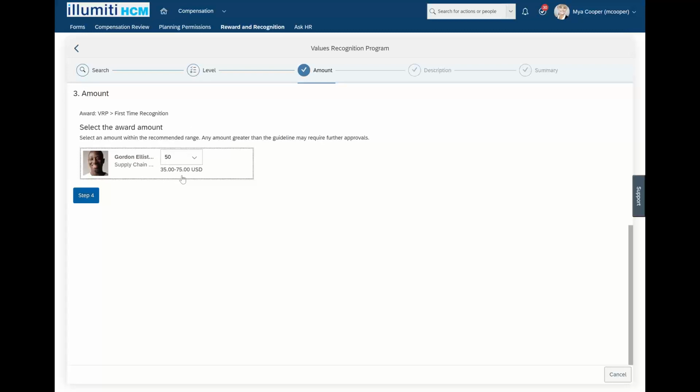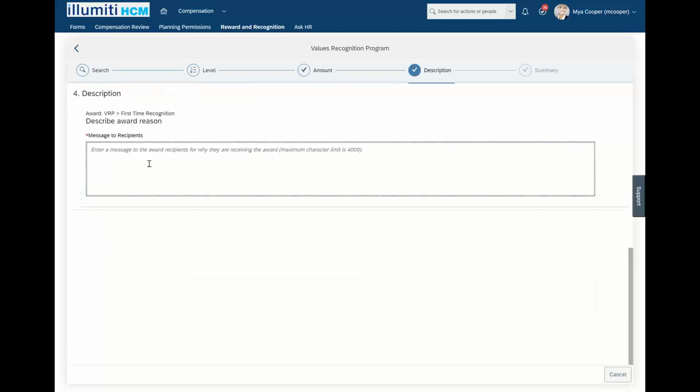So $50 US in this case, but I certainly can come in and adjust that award within the guidelines that are provided here. So I'll keep it at $50 US and move along to step 4. I have the ability to write in a note or a message or some type of thank you and acknowledgement here to the employees receiving the recognition.